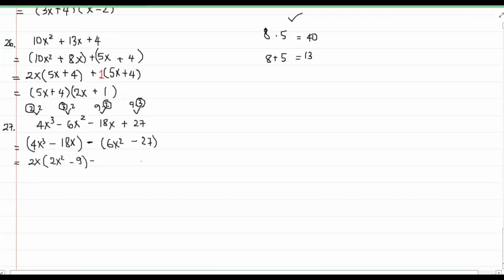For the second parenthesis, I will take out 3. I got 2x squared minus 9 inside. Now you see that we have 2x squared minus 9 in common. So take this out: 2x squared minus 9 times 2x minus 3.